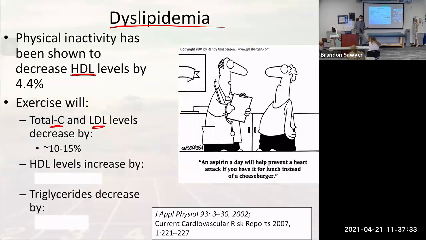Okay, so again, that's not huge, but it's definitely helpful. And then we can expect to see HDL increase by a larger range, somewhere between 10 and 17%. And then triglycerides are another important risk factor for cardiovascular disease, and we can expect to see those decrease by somewhere from 10 to 20%.